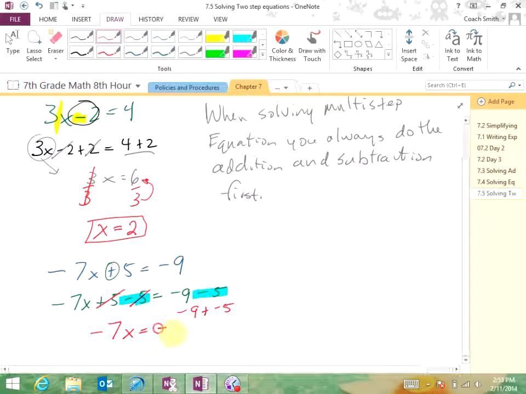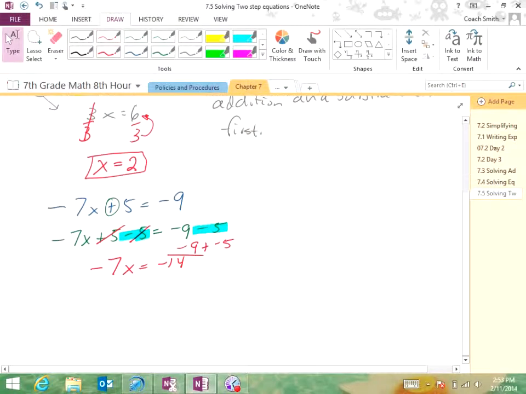Negative 14. So, now what I have left then is negative 7x equals negative 14. I divide both sides by negative 7. That cancels. Gives me x is equal to negative 7 goes into negative 14 2 times.